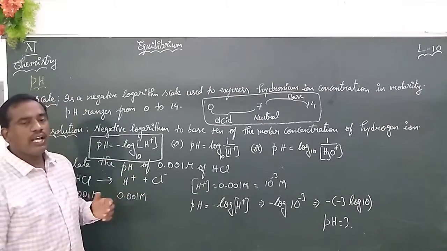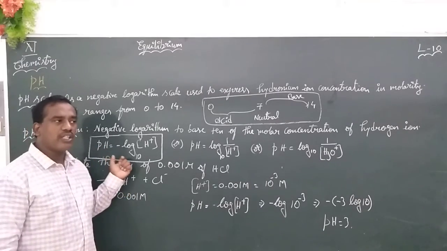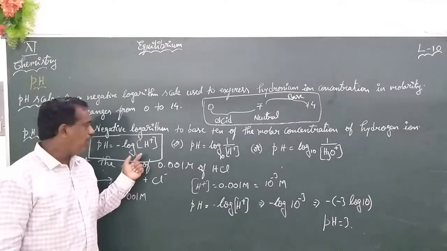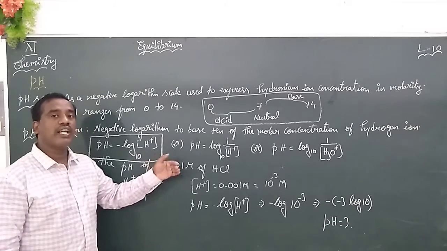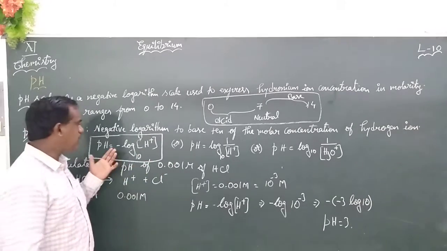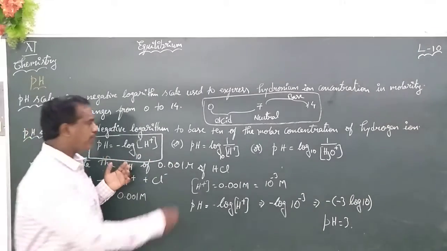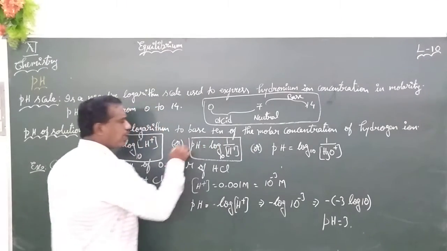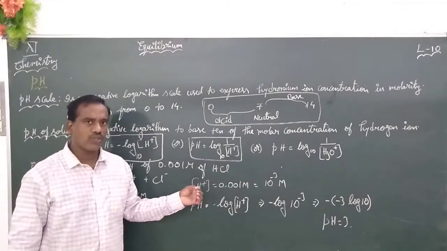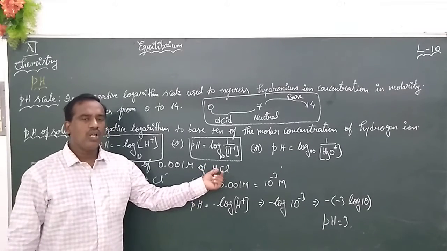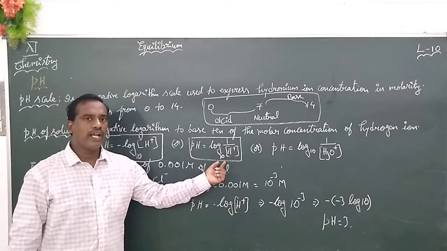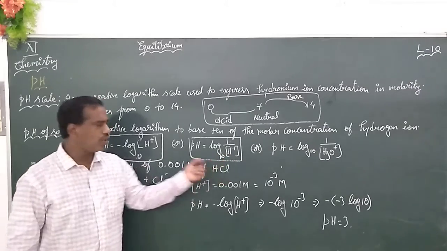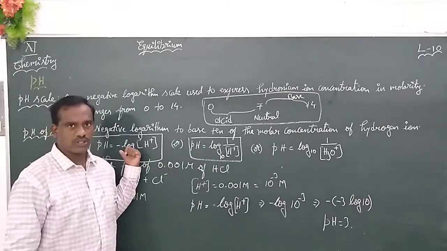But now, this pH, which is equal to negative logarithm to the base 10 of the concentration of H plus ions, we can write in three different forms. One is pH is equal to negative logarithm to the base 10 of the concentration of H plus. Or we can write pH is equal to log base 10 of 1 by the concentration of H plus ion, because we are removing the negative sign here.